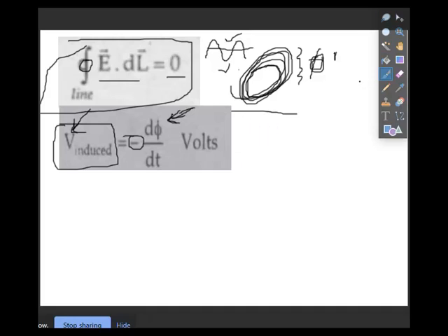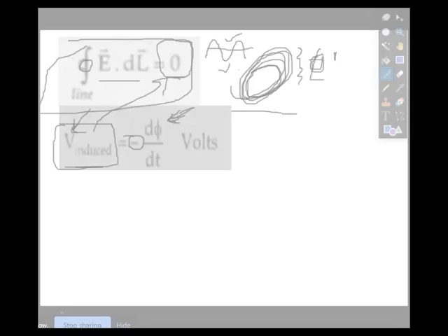But if you apply a varying flux or varying voltage, then there will be an EMF induced, and this will be a non-zero value. So we can put V induced here to get the final expression: V induced equals integration of E dot dl.